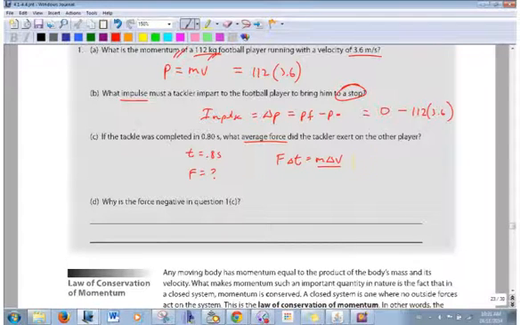That's our impulse. That's our change in momentum. Okay? So F as a formula, divide by T, that's momentum over the time. I have the momentum, I have the time, plug them in and get the force. In this case, it's going to be negative, right?